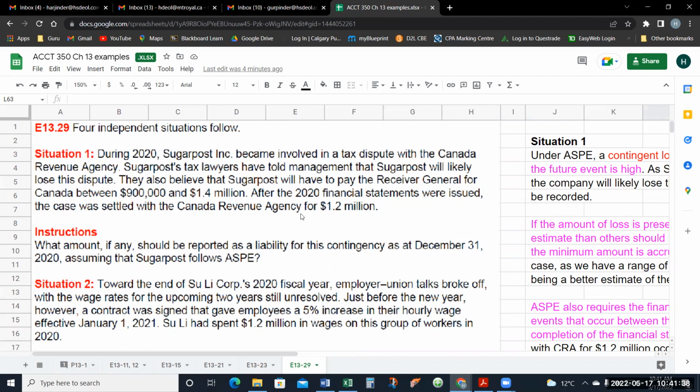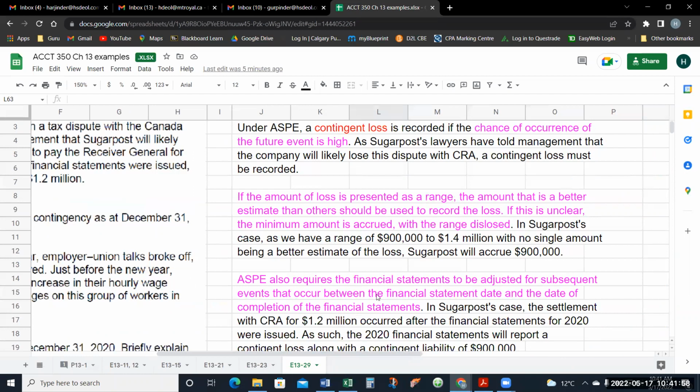So when it comes to subsequent events, some of the subsequent events need adjustments, right? So we need to adjust our balance sheet amounts if the subsequent event occurs before a certain cutoff date. The cutoff date under ASPE is the date the financial statements are completed. And that happens when the financial statements have been reviewed and approved in principle by the board of directors. The auditors have done their job, etc. Right.